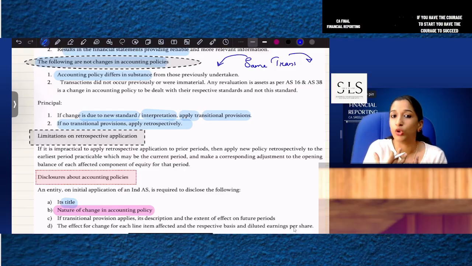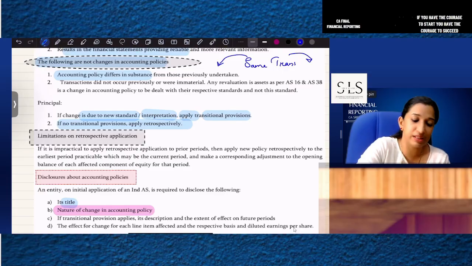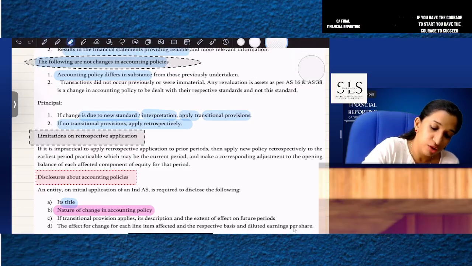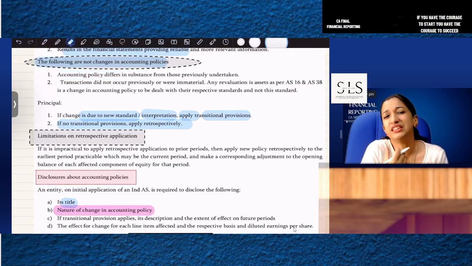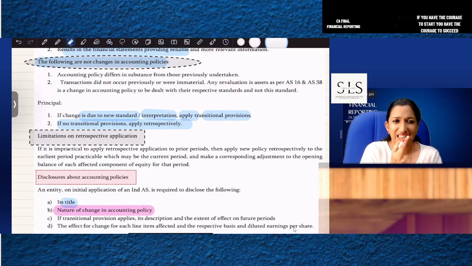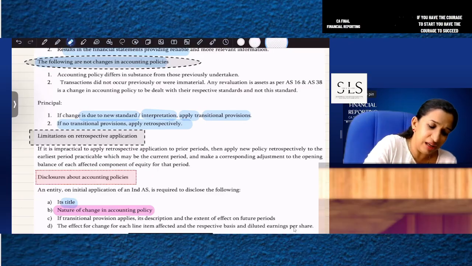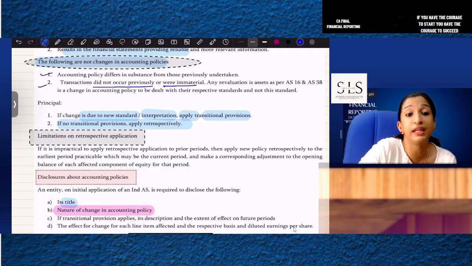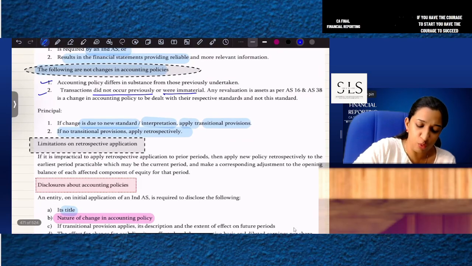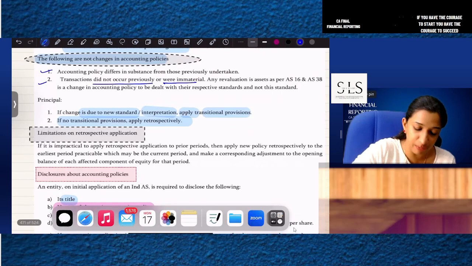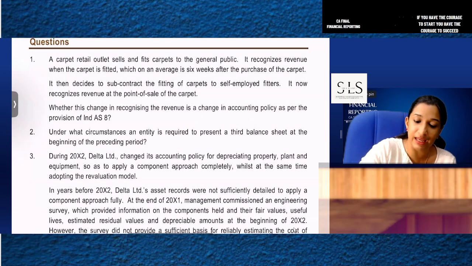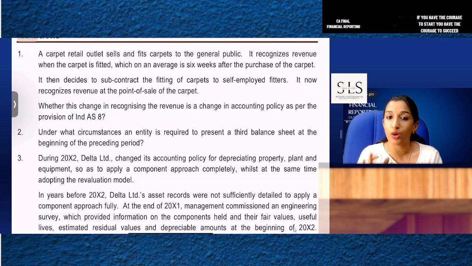But the accounting policy differs in substance from the previously undertaken, and the transactions did not occur previously or were immaterial. Okay, now what is this? I'll take an example from your study material to understand that this is not a change in accounting policy.